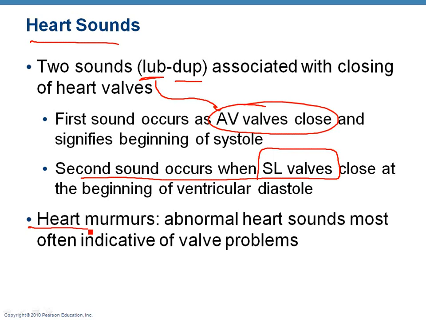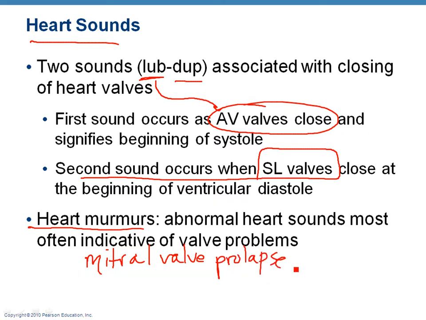Now, of course, if you're going into nursing, you're going to learn how to recognize a heart murmur with a stethoscope. All a heart murmur is, is some type of abnormal heart sound that's usually associated with a valve malfunction. Like you may have heard before of somebody having a mitral valve prolapse.